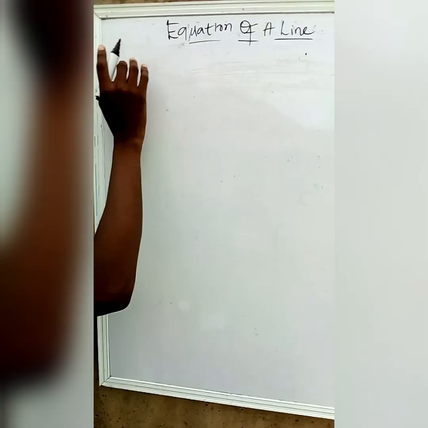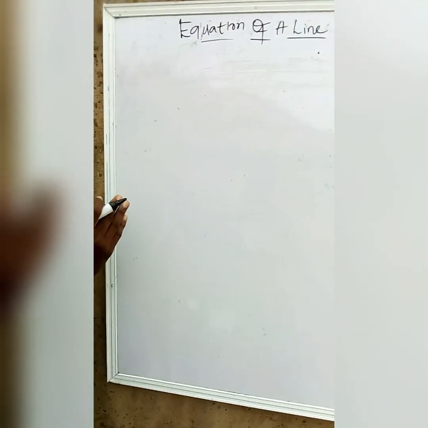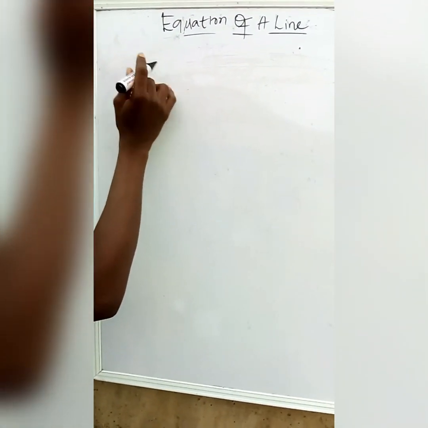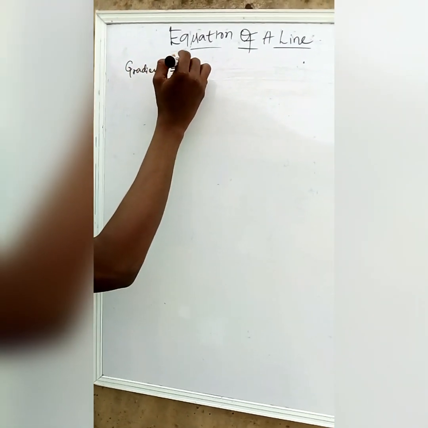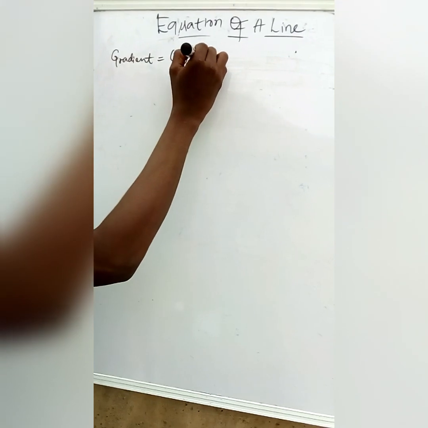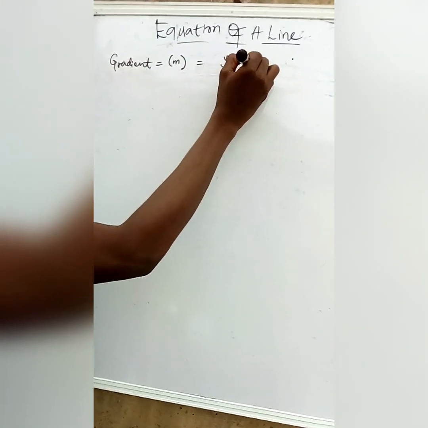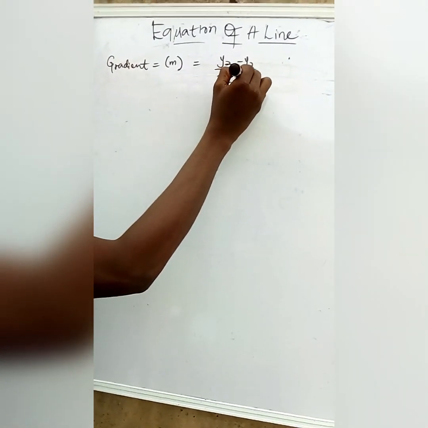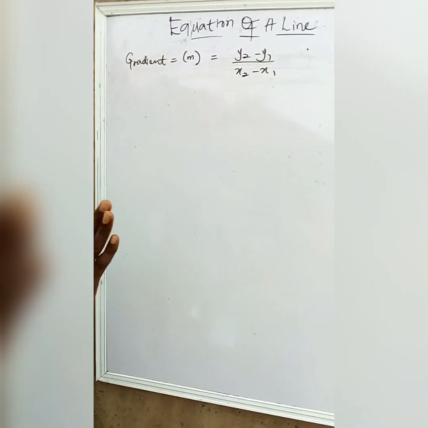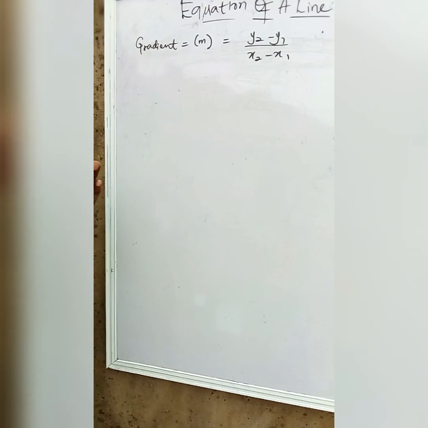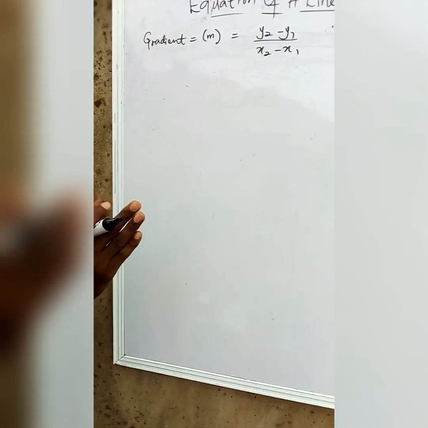Thank you. I said if you want to find the equation of any line, the first thing to know is your gradient. Once you know your gradient, don't forget our gradient is represented with m, and the formula is y2 minus y1 over x2 minus x1. If you want to look for the equation of any line, it is divided into two. The first part is where your gradient is given in the question.